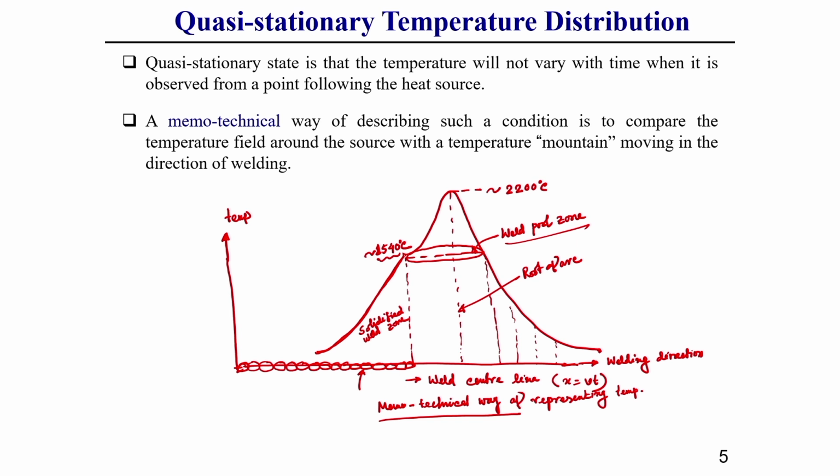Now, here you can see there is a step. Why is this step there? Because here the material starts solidifying. Once the material starts solidifying, it transfers from one phase to another phase, that means liquid phase to solid phase.